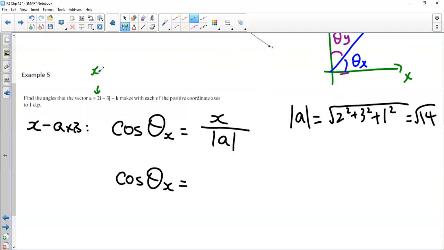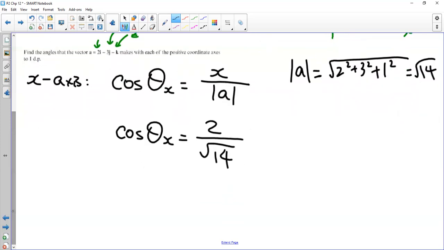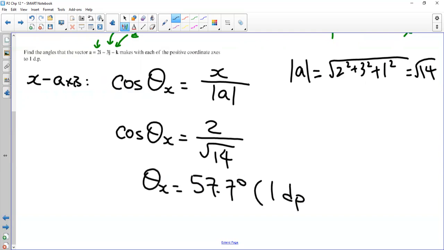This is x, this is y, and that's z. X is 2, so 2 over root 14. If you do arc cos or inverse cos, you get 57.7 degrees to 1 decimal place.